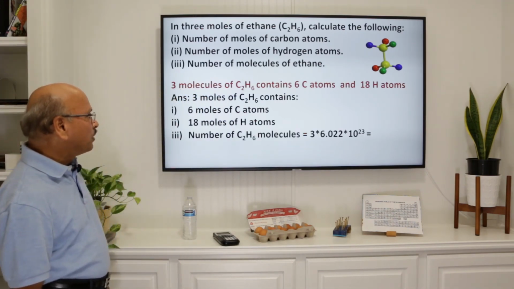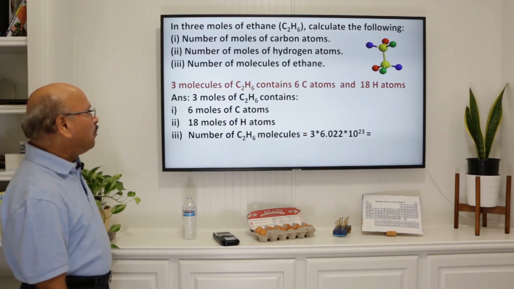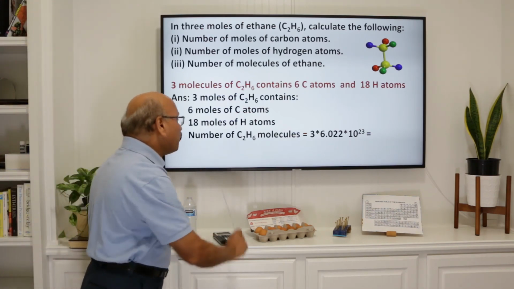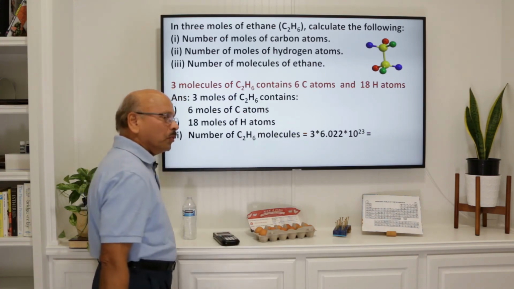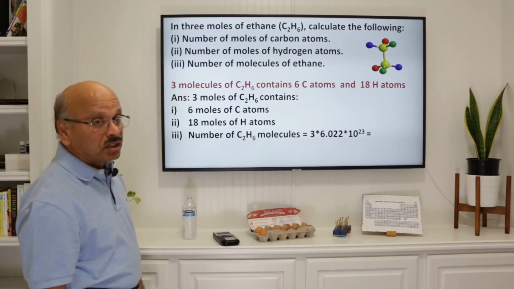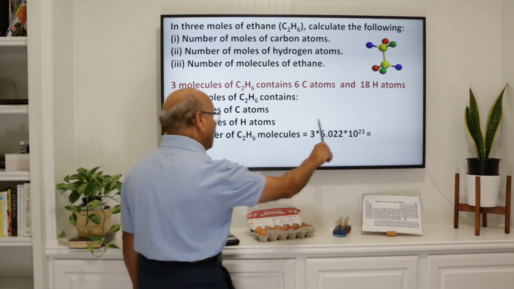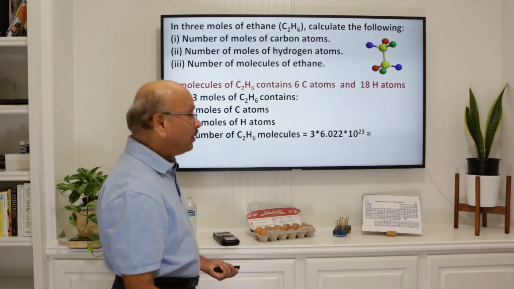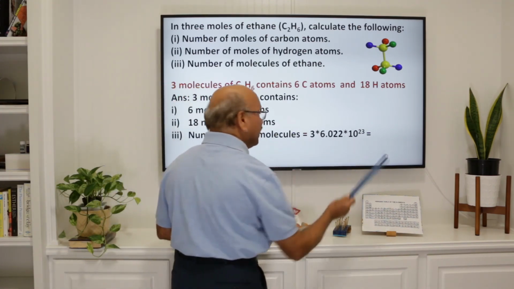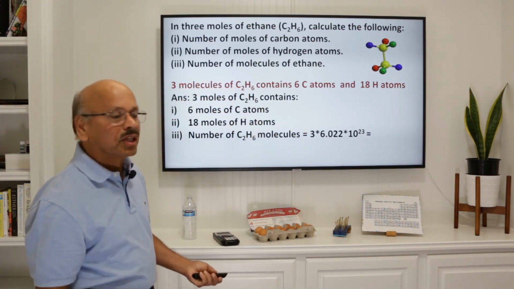So let's go to the next one. What's the number of ethane molecules in 3 moles? Pretty simple. A mole is Avogadro number. So if you got 3 moles, multiply with the 3. So 3 times Avogadro number is going to give you the number of molecules in the 3 moles.